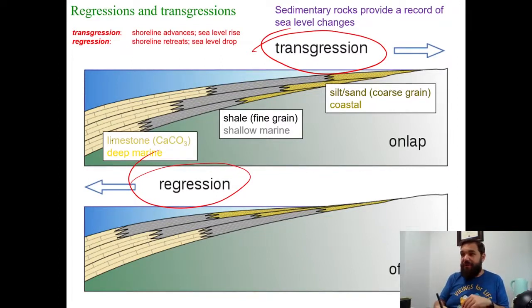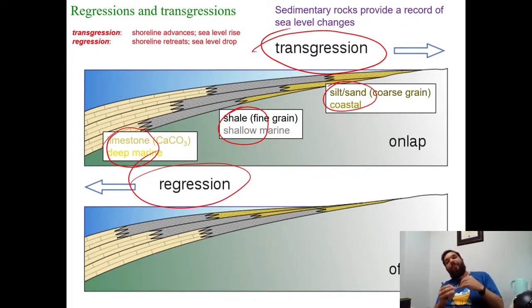So limestone is deposited in very deep water. Shale is deposited in less deep, sort of shallow marine water. And silt and sand is coastal, like where you might have a delta or a beach, okay? So when we see sandstone on top of shale, on top of limestone, what does that mean? Well, that means that the water levels have actually been sinking, okay?